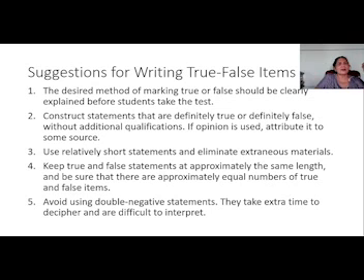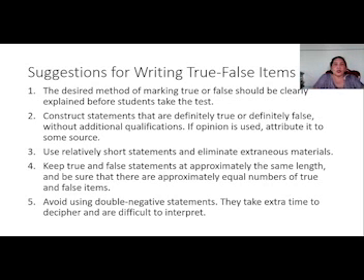Analyze why the answers are incorrect. For all we know, it's a flawed test item. For all we know, it's your fault, as a writer of test items. So, the desired method of marking true or false should be clearly explained before students take the test.